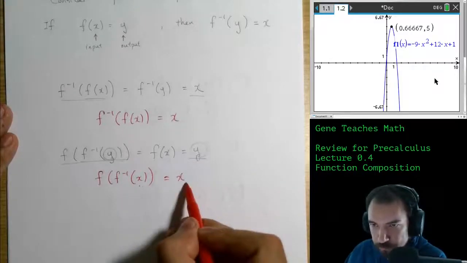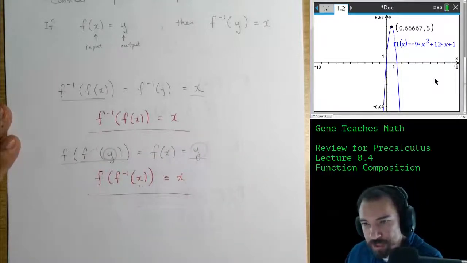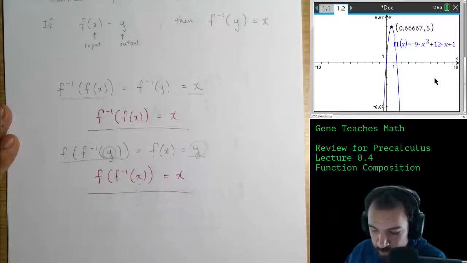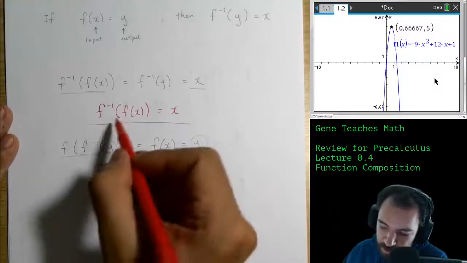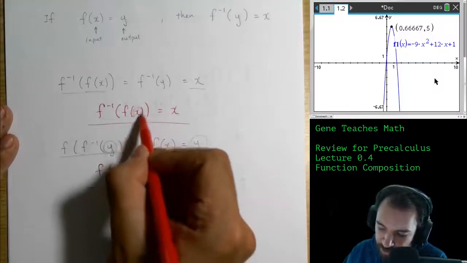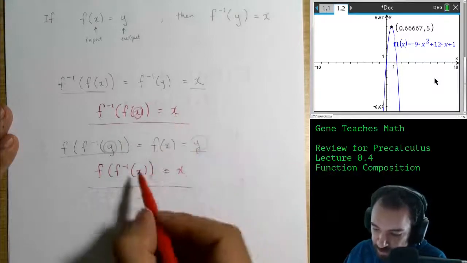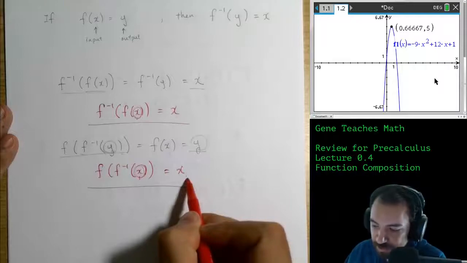Consistency. Now, if I look at these, not only are they the same as each other when the order is flipped, because earlier we saw switching the order doesn't necessarily give you the same result. If I start with x in the inside input, I get the same x at the end.